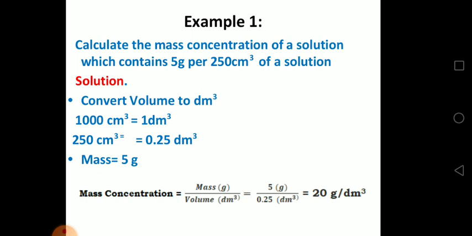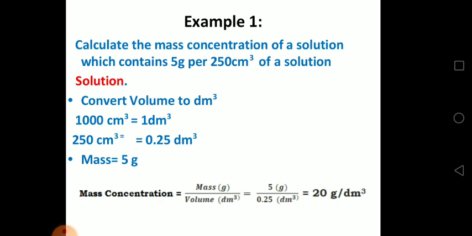You have to convert this volume to dm cube. Yes, I'm aware that 1000 cm cube gives me 1 dm cube. Therefore, 250 cm cube will give me 0.25 dm cube. How do I arrive at this? I have just divided the 250 cm cube by 1000 cm cube to get 0.25 dm cube.